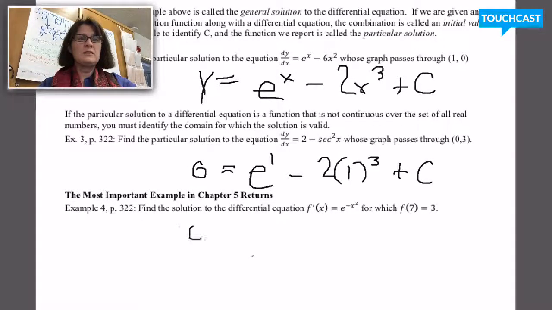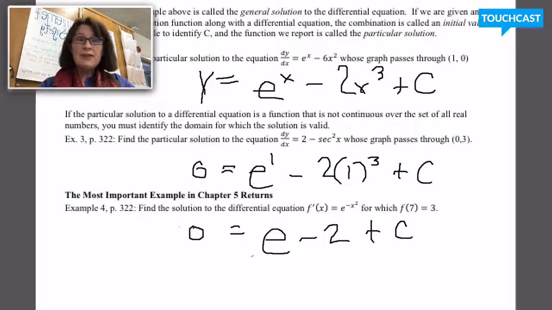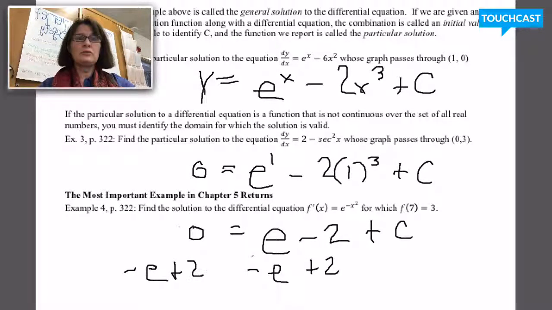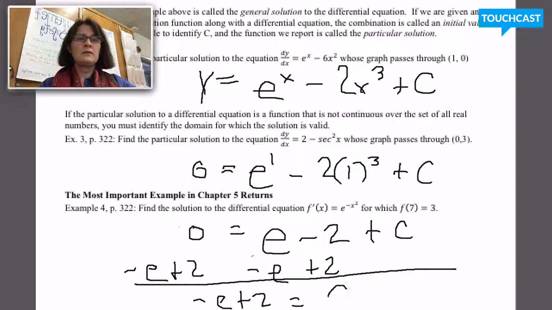So that tells me that 0 is equal to e minus 2 plus c. I want to figure out what c is, so I'm going to isolate c. I do that by subtracting e and adding 2. And I find that negative e plus 2 is c.